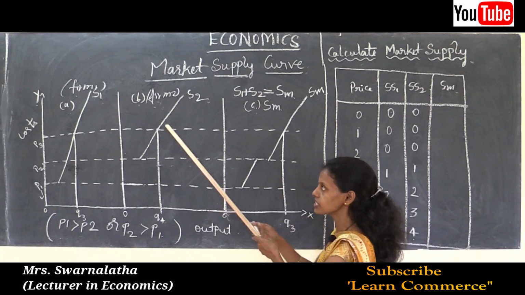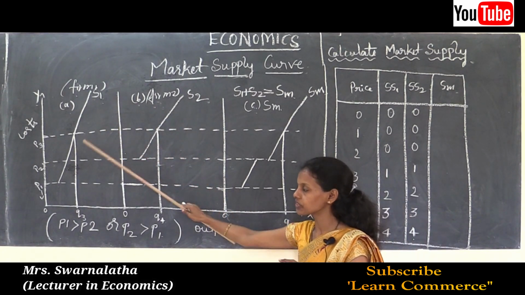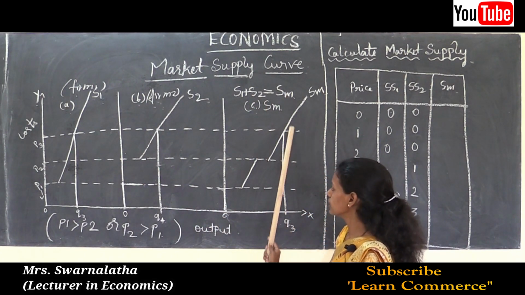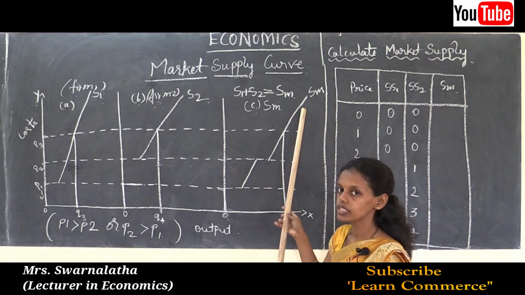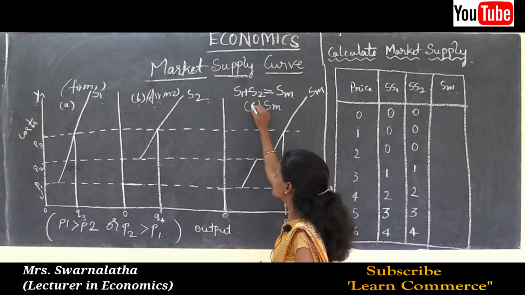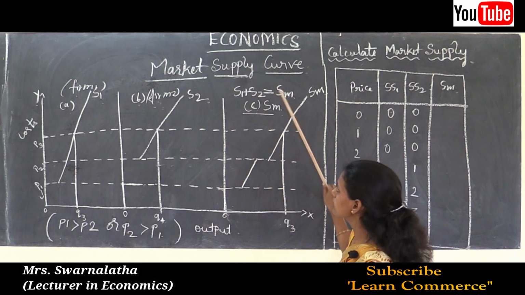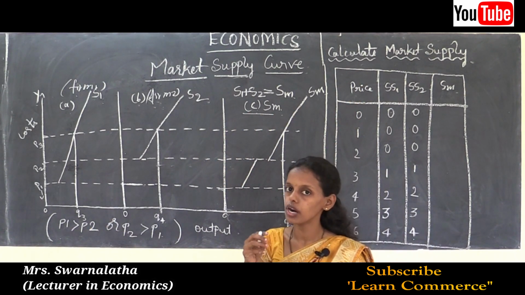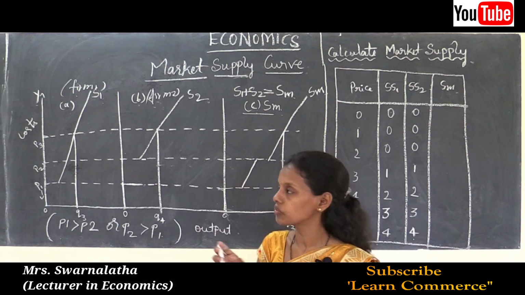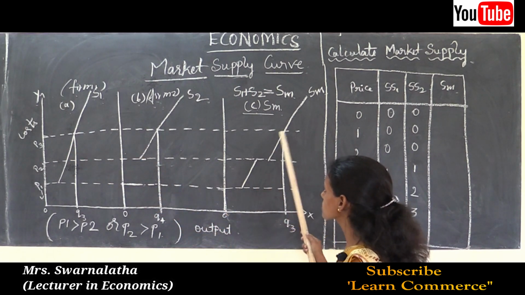When we combine both figures, we derive the market supply curve SM, as we are going to see here. The third panel, panel C, shows the market supply curve of firm 1 and firm 2 joined together by horizontal summation.